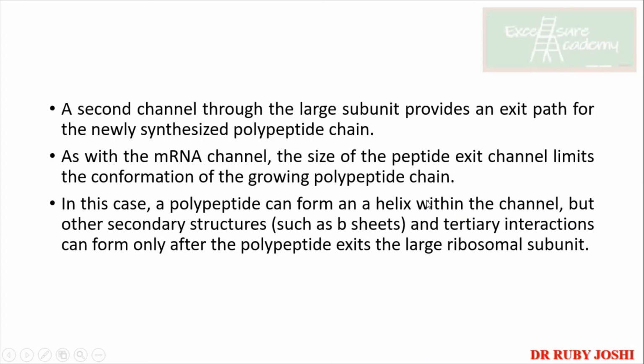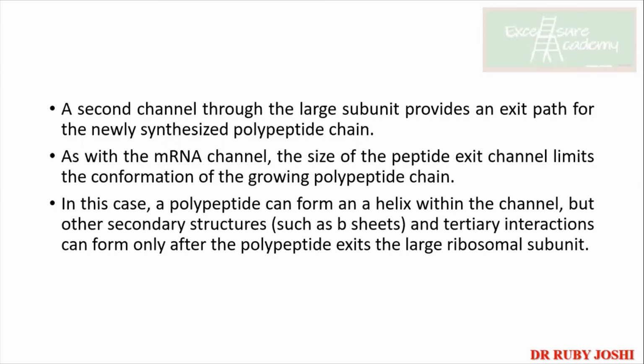It means that it has got more space compared to the mRNA channel, because in order to stabilize the polypeptide chain, many proteins which carry the information of forming the secondary structures, they can form helix.